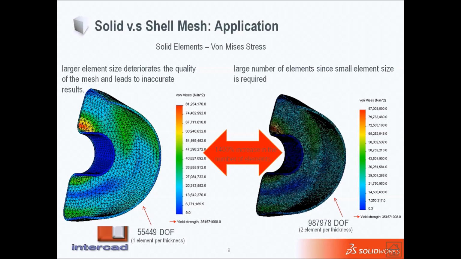Just imagine we have a pulley part, and we would like to have an FEA analysis on the pulley. In order to capture the stress, strain, and possibility of failure on the actual part, initially we can put some elements here, and depending on how many elements we put through the thickness, we can get different results.